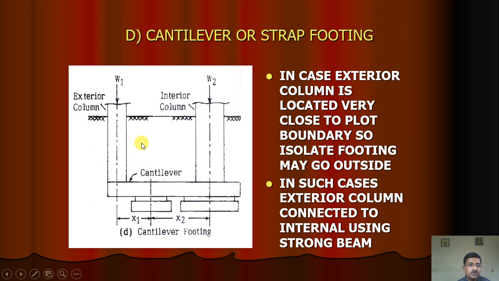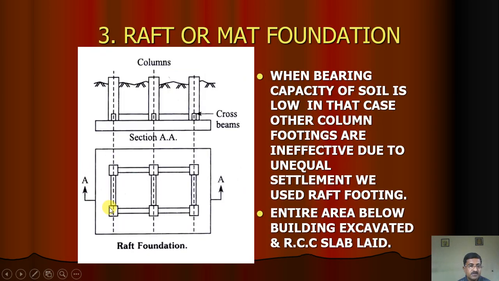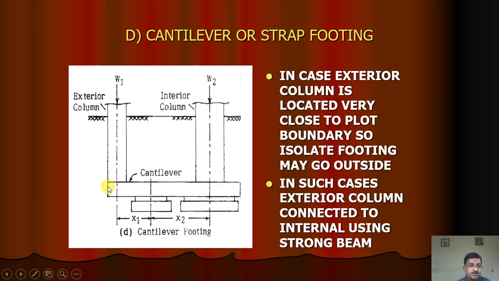So, if you want to provide an equal offset on both sides, on this side our boundary is not present there. So this offset may go outside of this, right? That is not permitted because this is the neighbor's boundary and we cannot cross that.